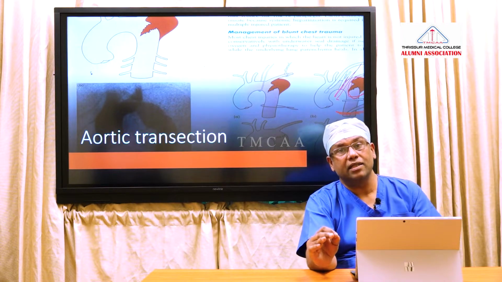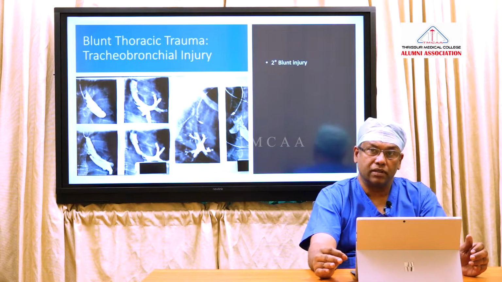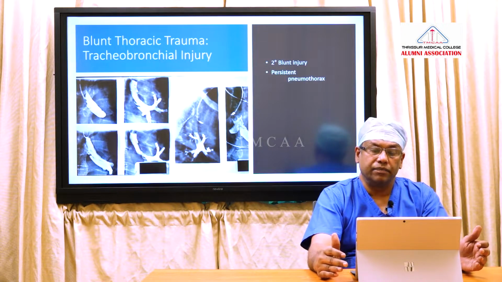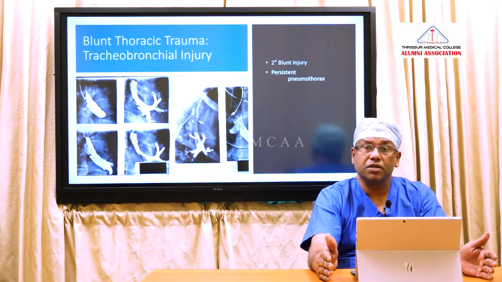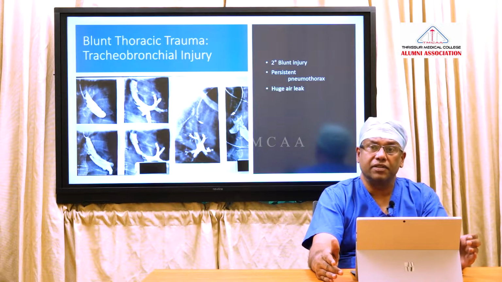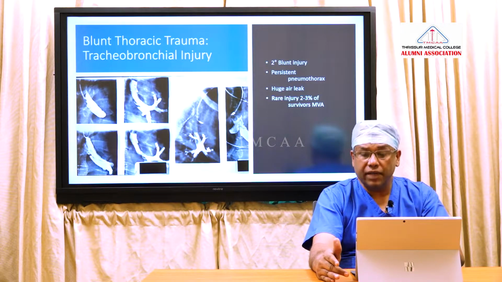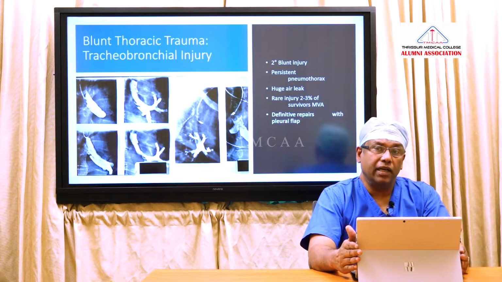Now coming to the next area, that is the blunt injuries to the trachea as well as the bronchus. It is the second most common injury to the mediastinum, and whether it is trachea or bronchus, air is leaked, so it produces massive pneumothorax. The patient will have extensive surgical emphysema because of the huge air leaks. It is a very rare cause of injury, but you need to act immediately.